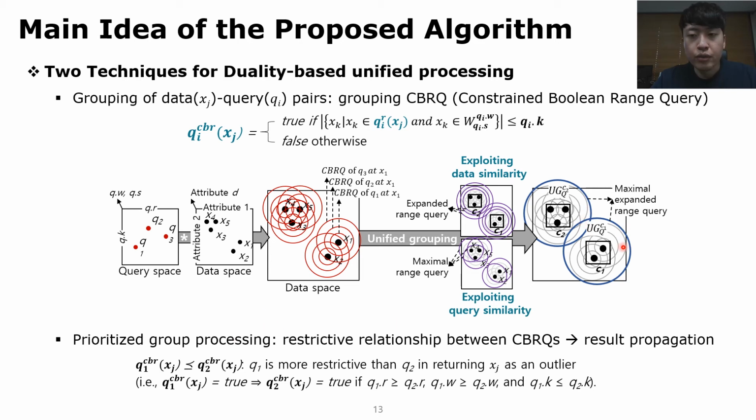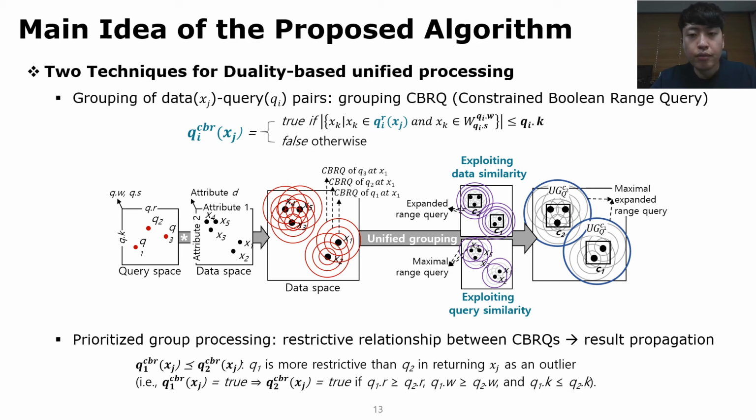So for each unified group, we make some prioritization for each CBRQ, and we first process the most important CBRQ and propagate their result to others. This is possible because of some restrictive relationship between CBRQs. For example, Q1 is more restrictive than Q2, considering their requirement relationship, and the result of Q1 for the data point xj can be propagated to the result of Q2 for the same data point.